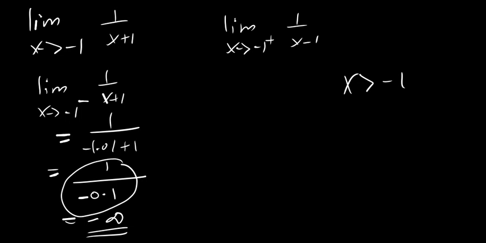0.1. Okay. The one which is greater than negative 1, but closer to negative 1, starting from the right side. It should be slightly greater than that. 0.1, yeah.